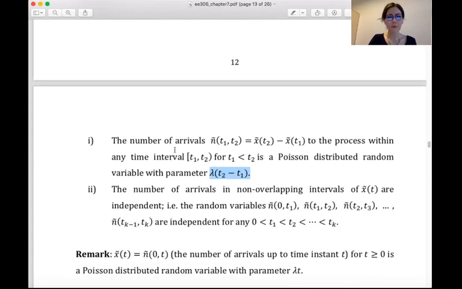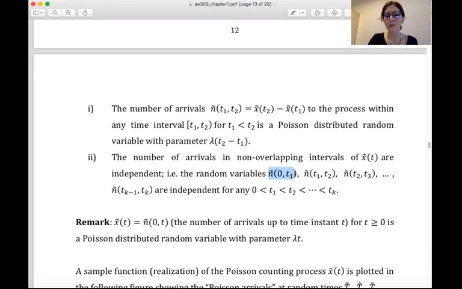Okay, so this is the first property. And the second property that a Poisson process should have is that the number of arrivals in non-overlapping, so disjoint, intervals should be independent. So N(0, t1), N(t1, t2), N(t2, t3), all of these should be independent random variables. These are all Poisson distributed random variables, but they are independent, which is quite aligned with the spirit of Poisson processes that different arrivals are independent of each other.